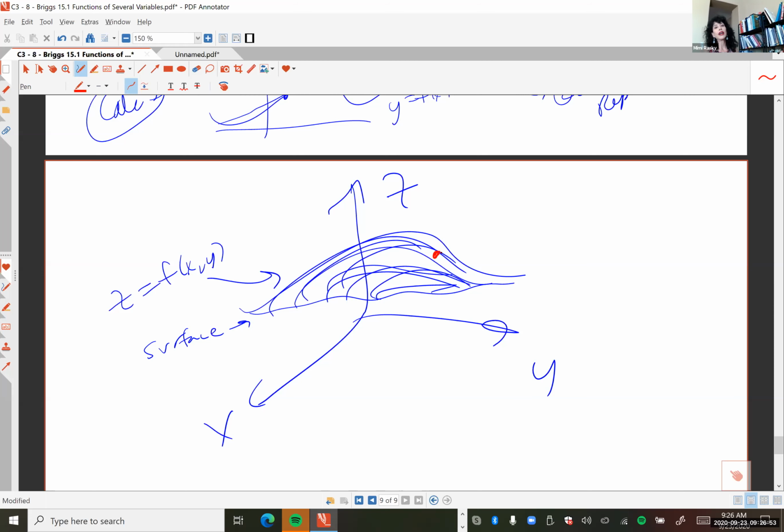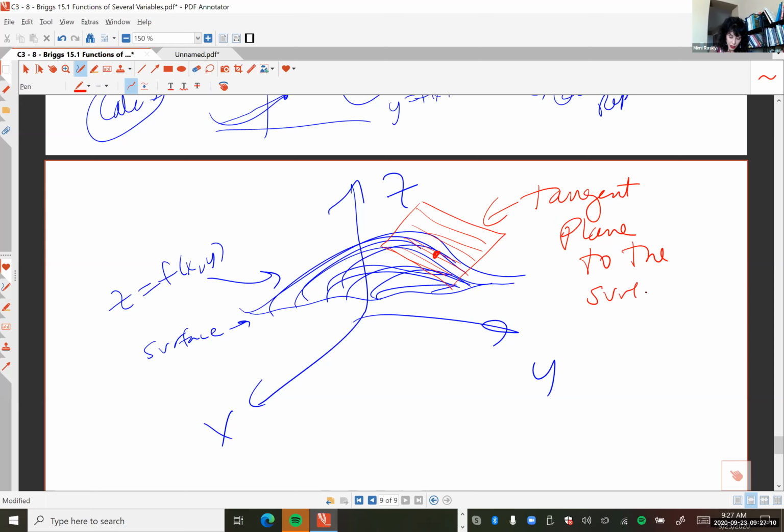And instead of drawing a tangent line to that point, I'm going to draw a tangent plane. That is a tangent plane to the surface at a point. And we'll call it point P. That point right there is the point P.